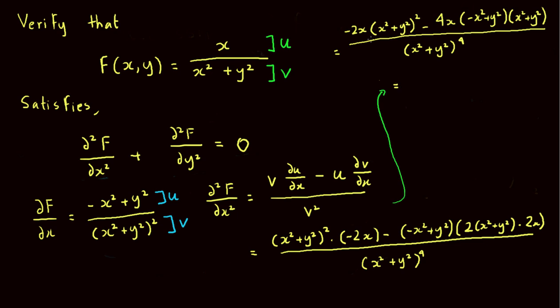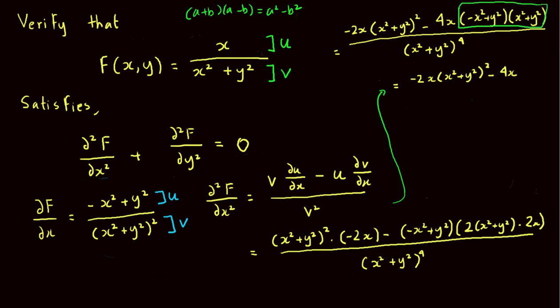You can simplify this a bit, actually. I'll write it as negative 2x times x squared plus y squared to the power of 2 minus 4x. It's just simply a formation of the rule: if you remember, a plus b times a minus b is simply a squared minus b squared. The same thing applies here.